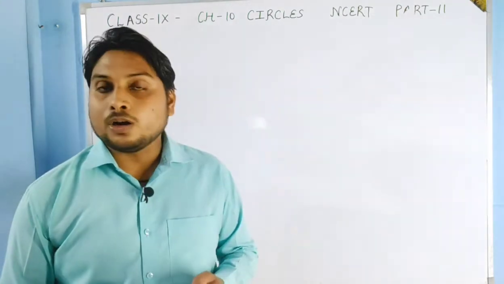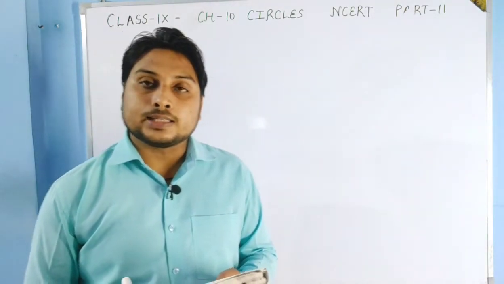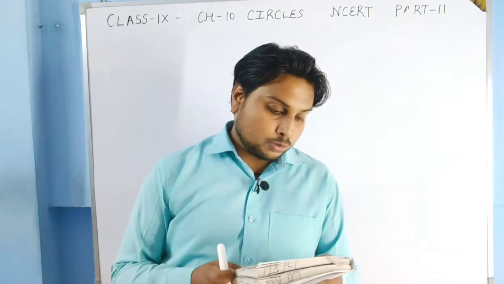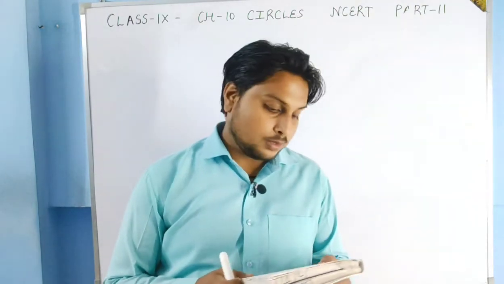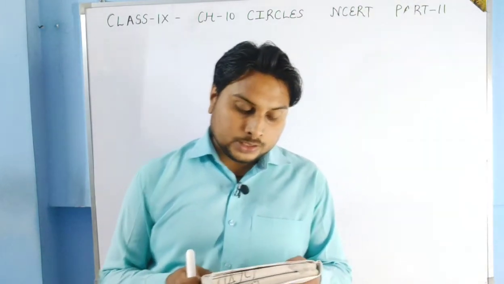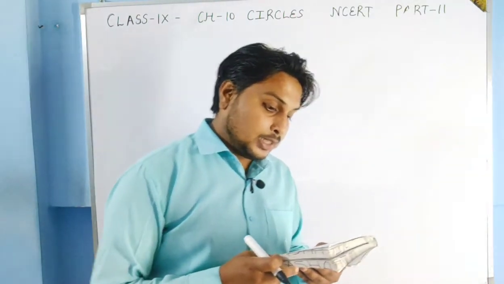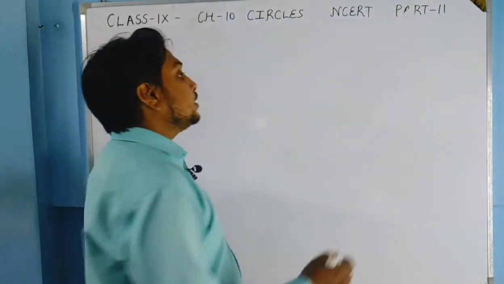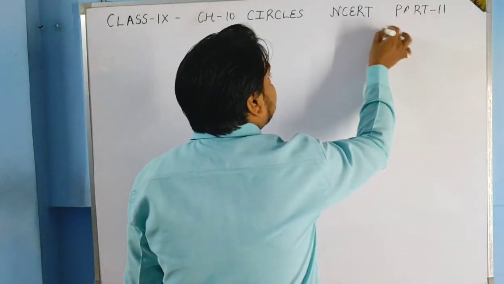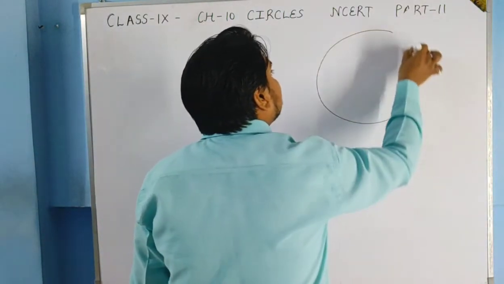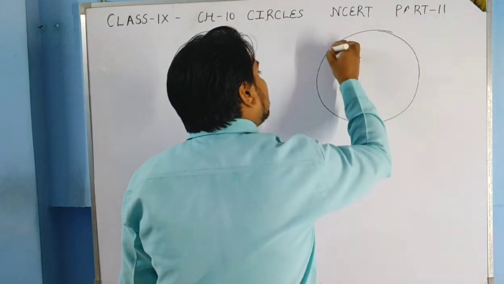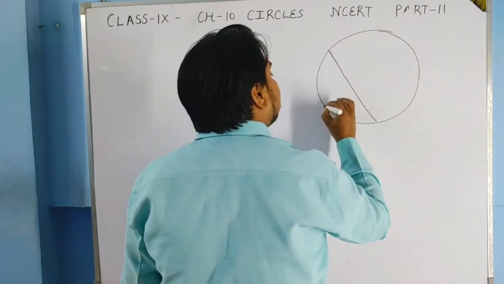Otherwise we have solved all the questions which are given in the exercise. So question number 3 which was left, the question is, if two equal chords of a circle intersect within the circle. See, it is given that in a circle, two equal chords are there.